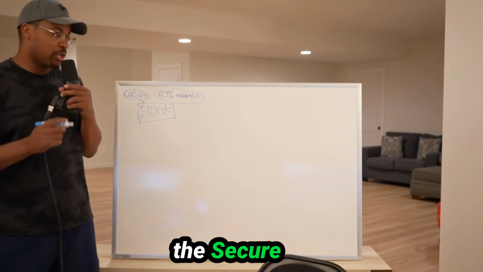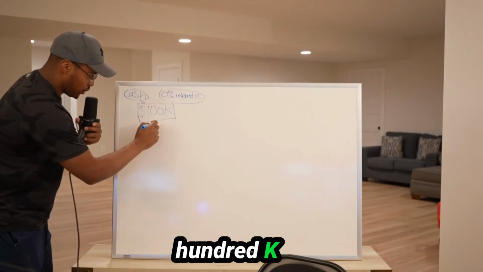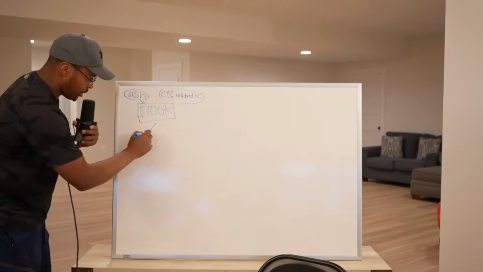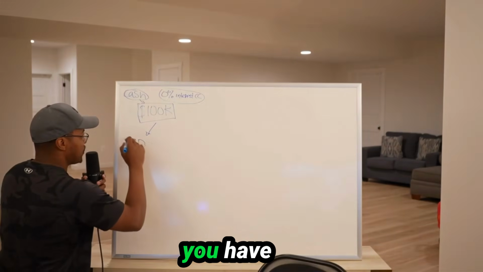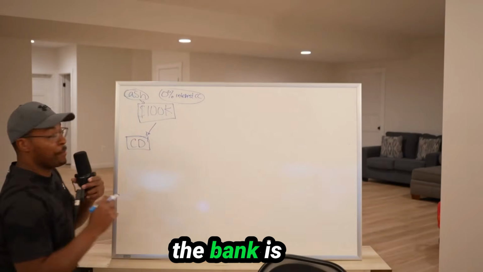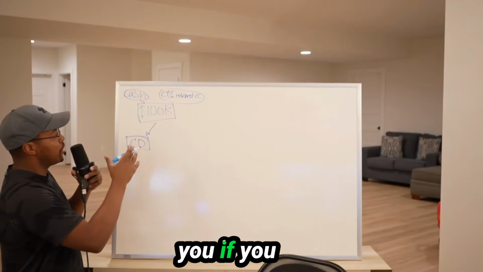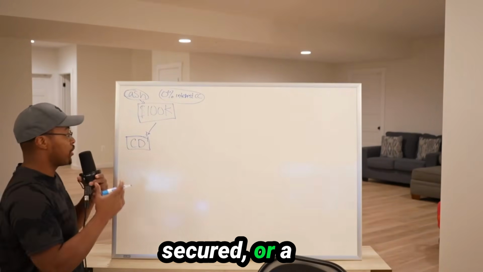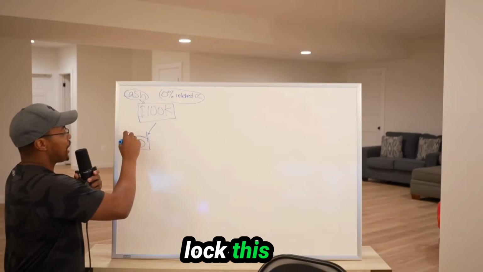So the way the secured BLOC works is that you're going to take this 100K and put it in a CD account. So you have this 100K CD. And then let's say your banker asks you if you want to open up a cash secured or CD secured business line of credit. What they're going to do is lock this 100K.